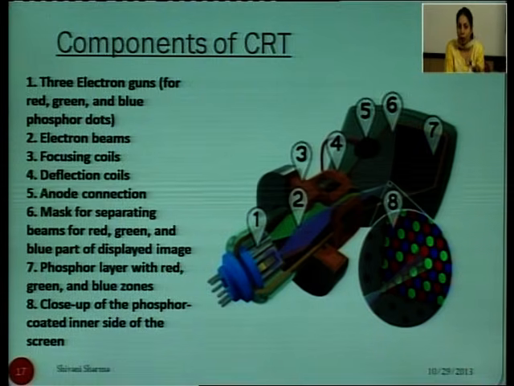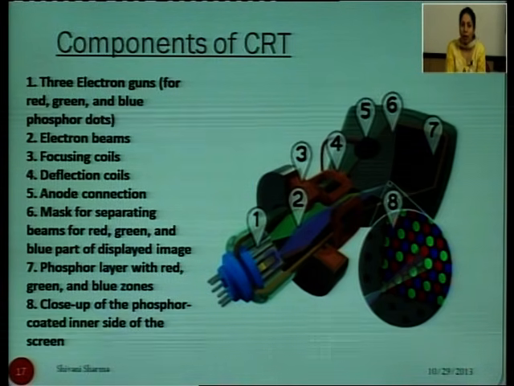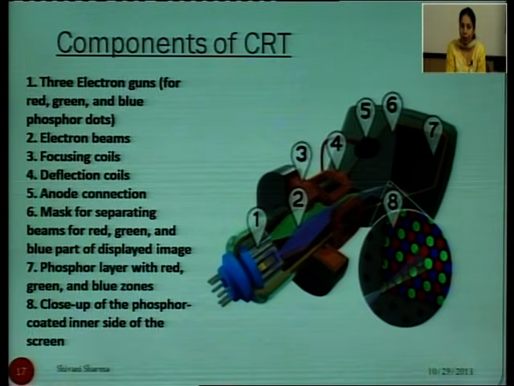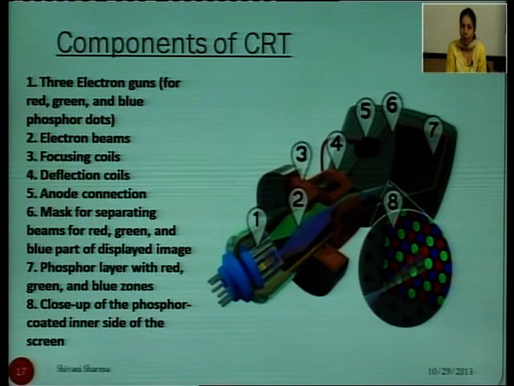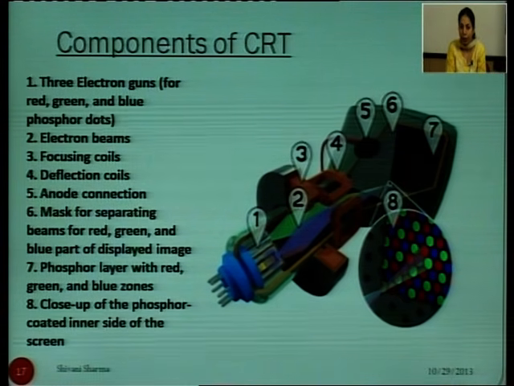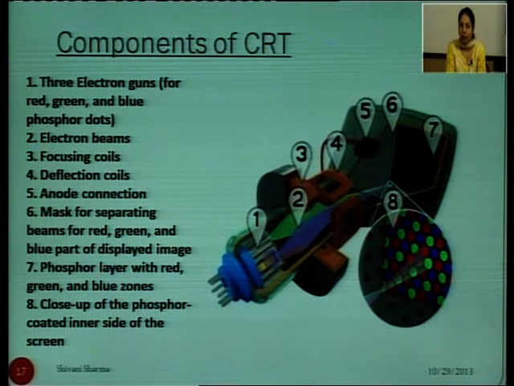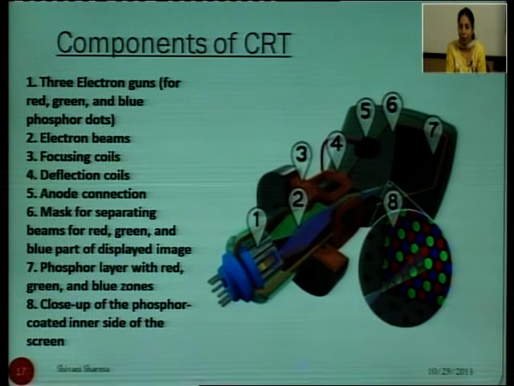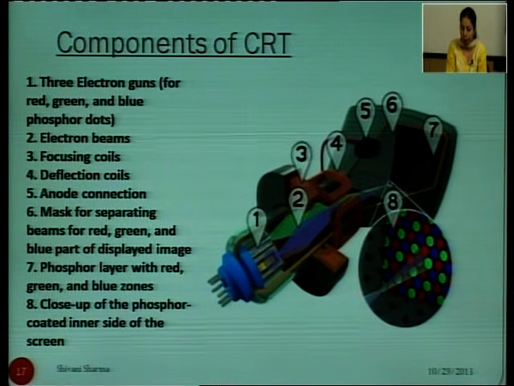Then anode connection, then we have a mask for separating the beams for red, green and blue, and we have a phosphorus layer. In the phosphorus layer we have various red, green and blue zones. Then we have an enclosure box in which all these components are enclosed.